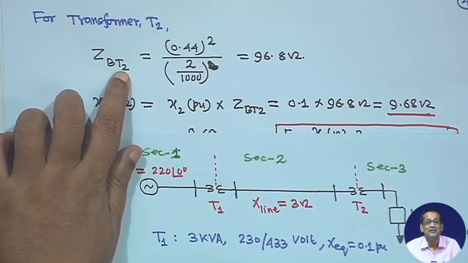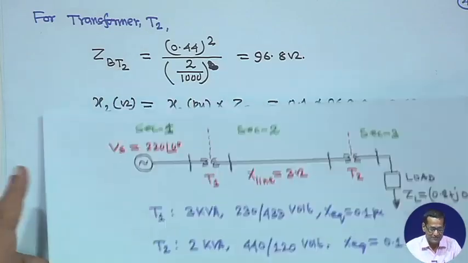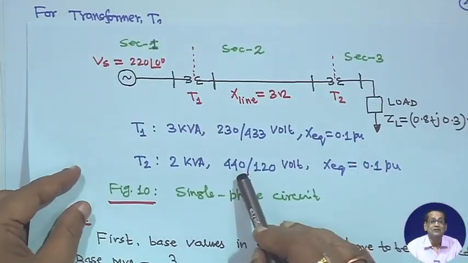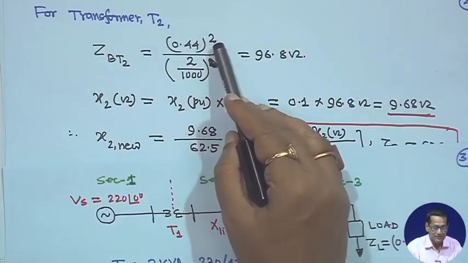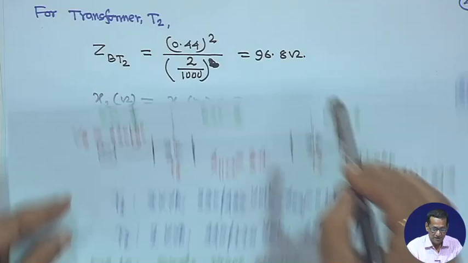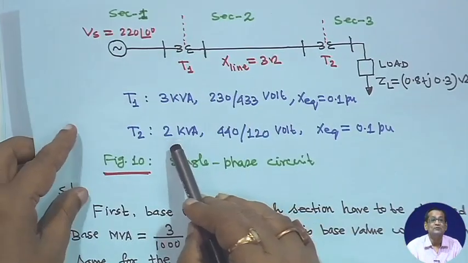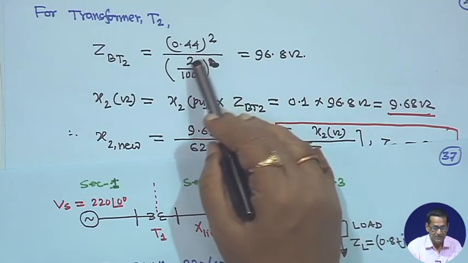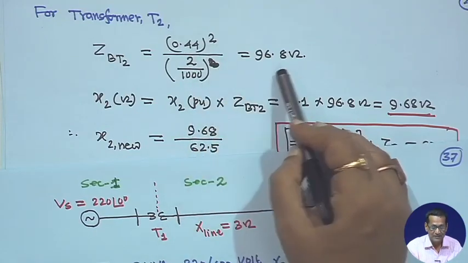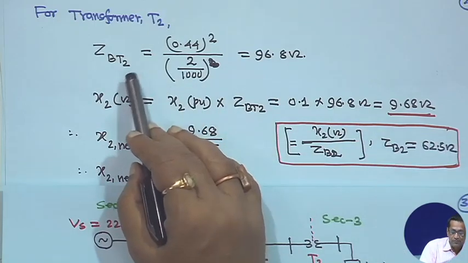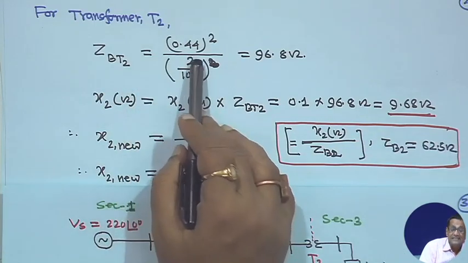The primary side is 440 volt, so it is 0.44 kV square divided by 2 by 1000 MVA, because the rating of transformer T2 is 2 kVA. So, kV square upon MVA gives you 96.8 ohm. This is the transformer's own base, based on its rating.